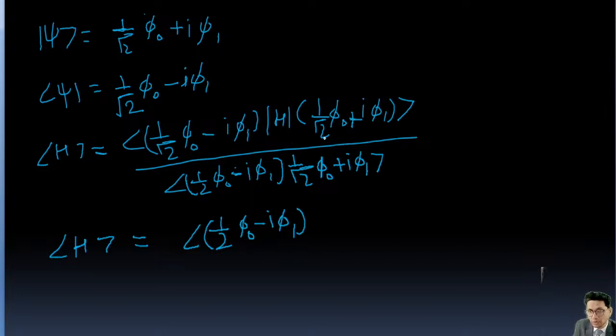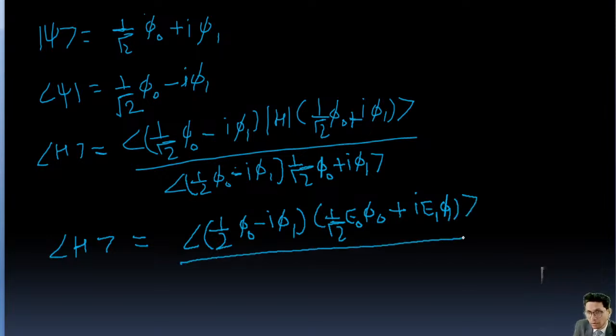We'll operate H with this, so it is going to be 1 upon root 2 (E0 phi 0 plus iota E1 phi 1) after operating the Hamiltonian with this. Upon this, it is going to be 1 upon 2 into (1 plus 1).